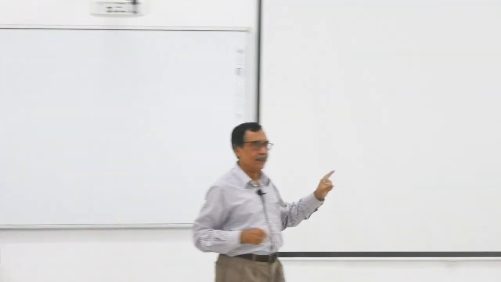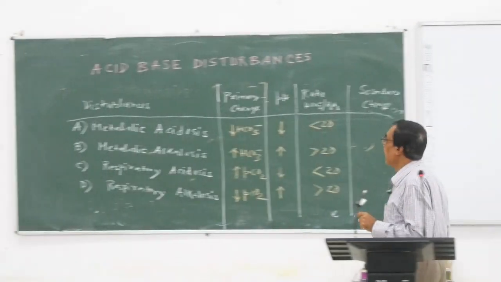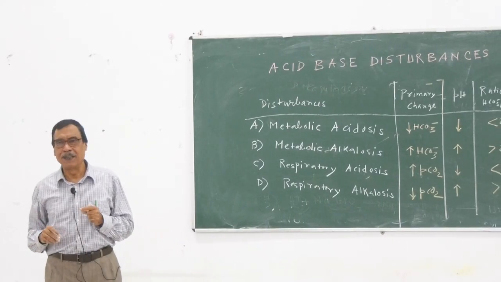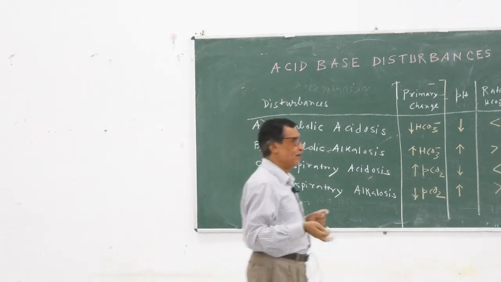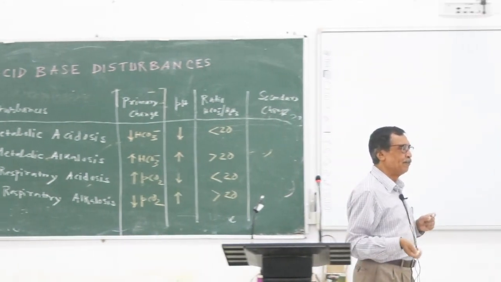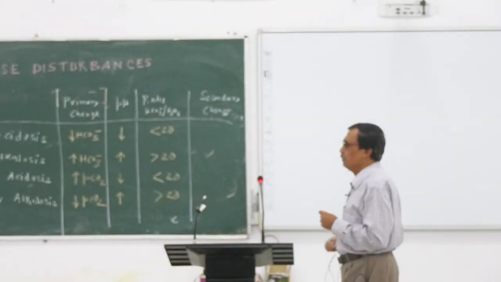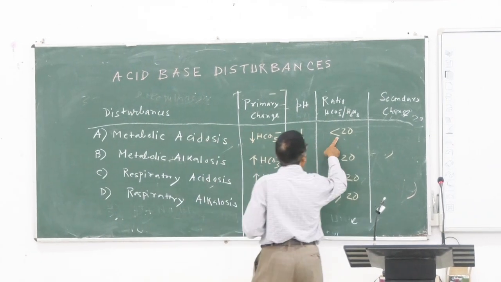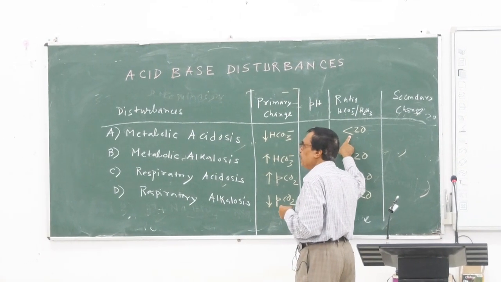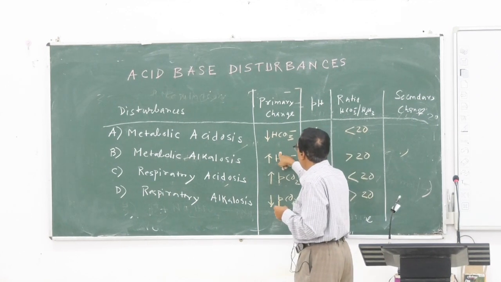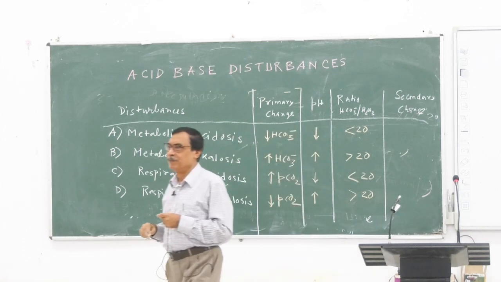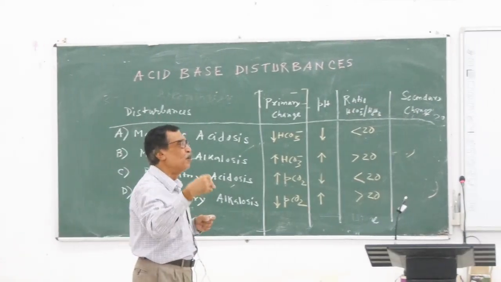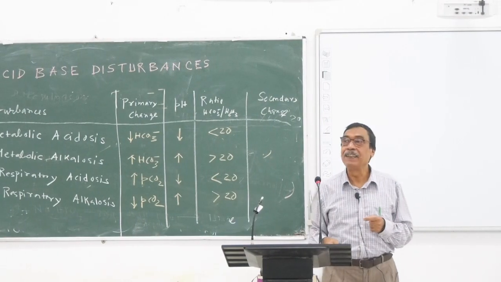Now come on the secondary change. Secondary change is an attempt to restore the ratio towards normal and correction of the disturbance. বডি একটা চেষ্টা করে itself, যাতে রেশিওটাকে নর্মালাইজ করা যায়। ধরো রেশিওটা কমে 10 হলো in metabolic acidosis। সাপোজ বাইকার্বনেট এত কমে গেল যে রেশিও becomes less than 10, তখন body will try to raise it more than 10, and that is secondary change.